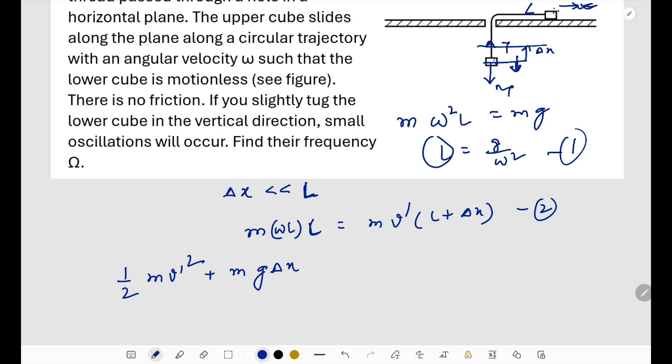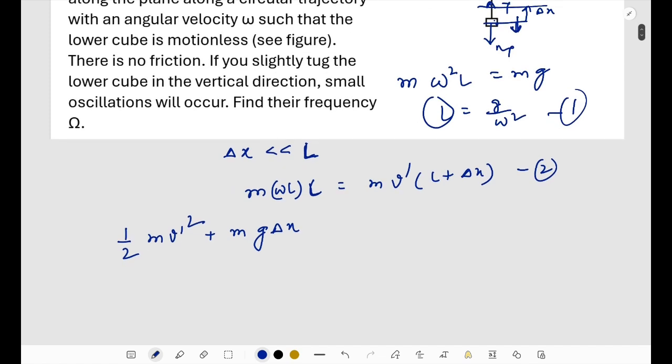Well, this is the total mechanical energy of the system at this moment, and we can find the value of v dash from here and put it here, and this will be scary. That will be half. No, leave that half.